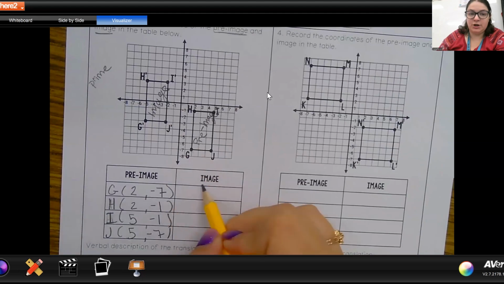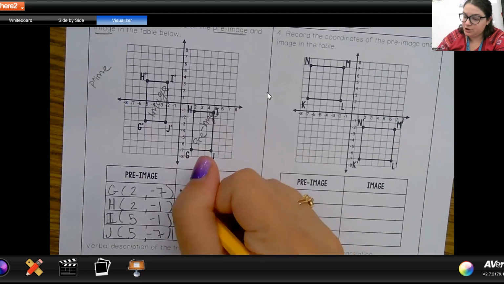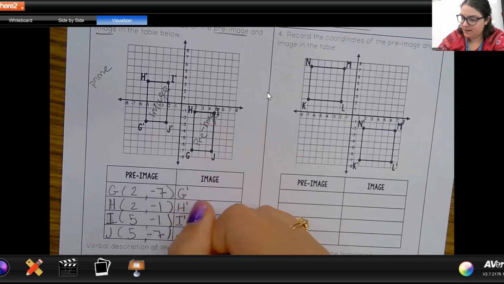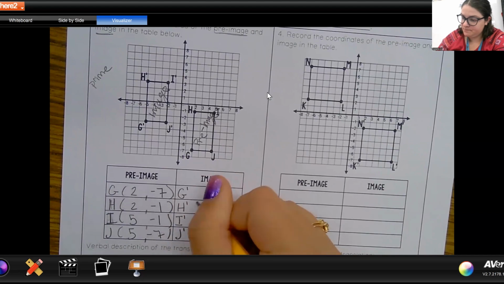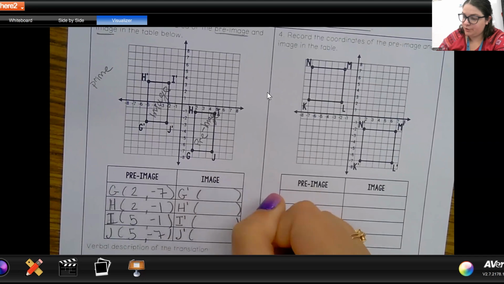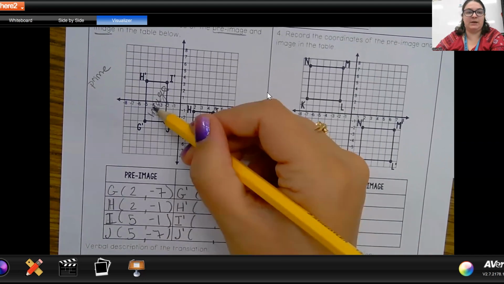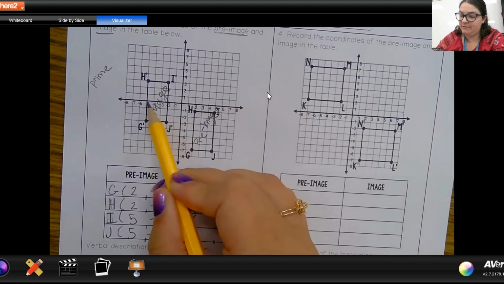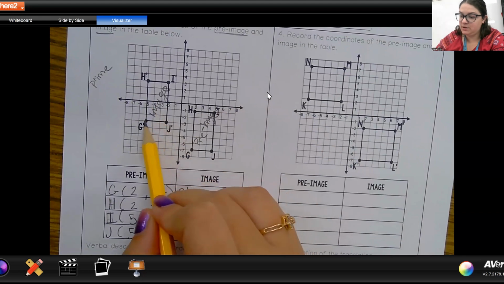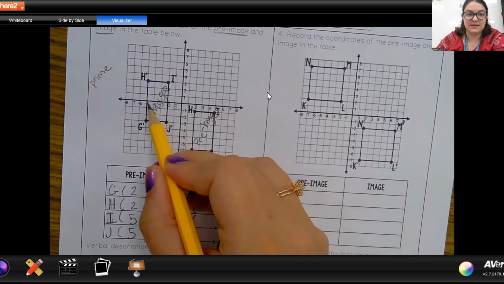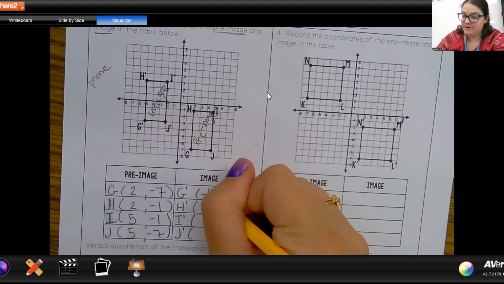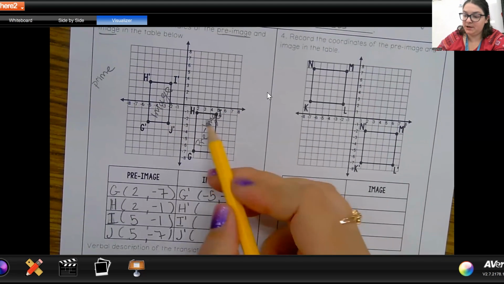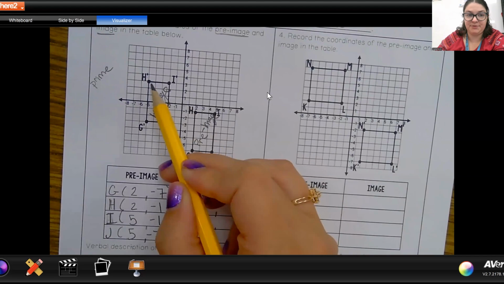Our image points are G prime, H prime, I prime, and J prime, which are all the points from the image shape. So G prime is right here. I have to go over 5 and down 3, and I went over to the left to the negative 5. So this is negative 5, negative 3. My H prime up here, I went over 5 and up 3.